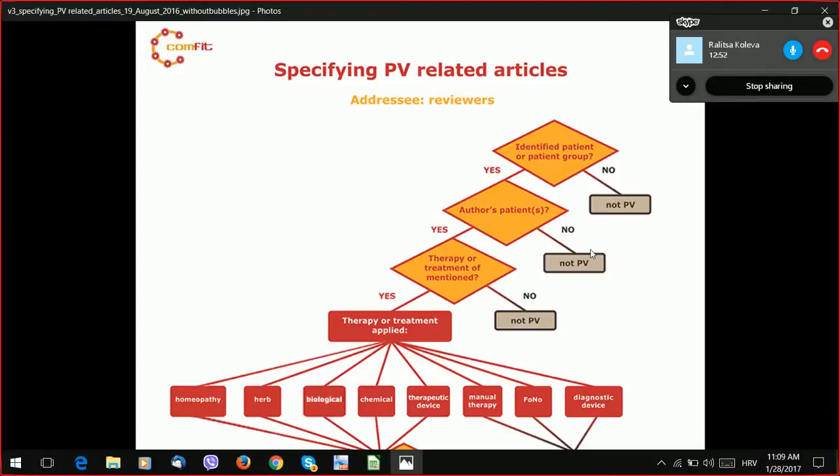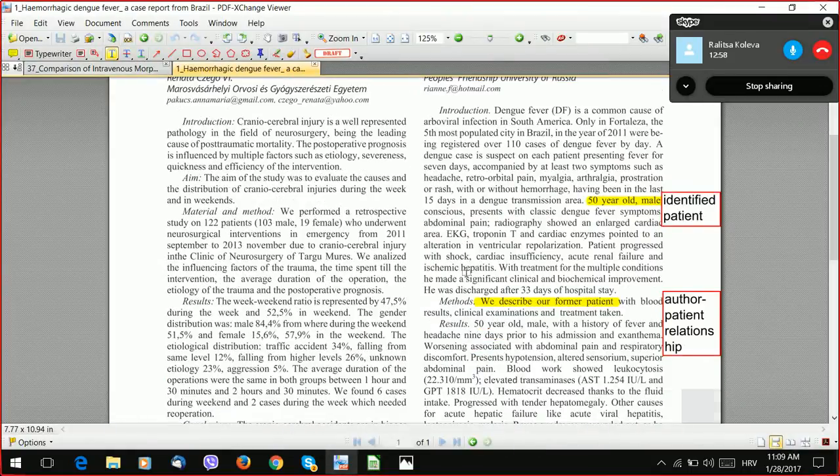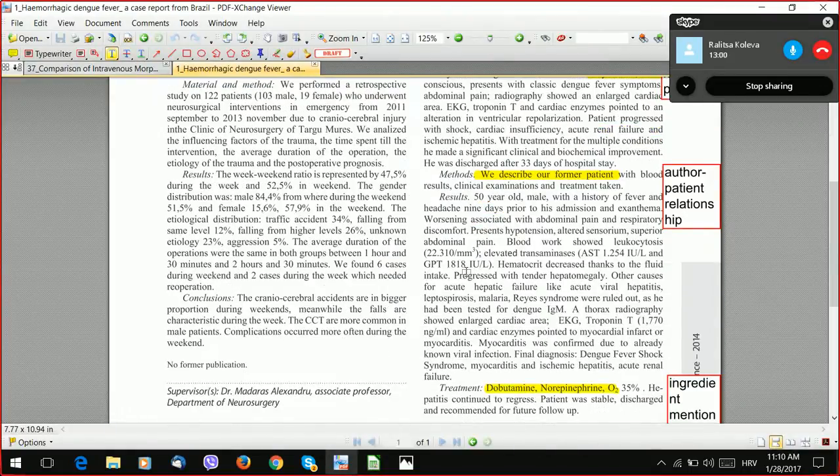And going back to our example, you can see here that author-patient relationship is confirmed by this sentence. We describe our former patient with blood results, clinical examinations, and treatment taken.